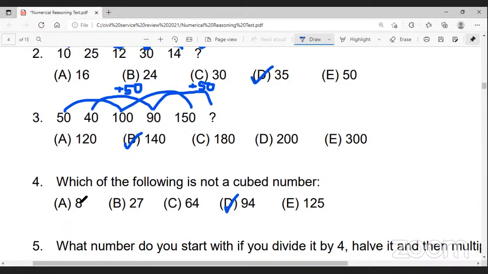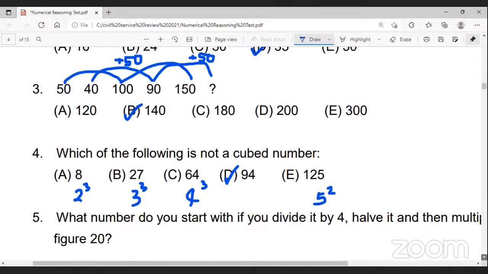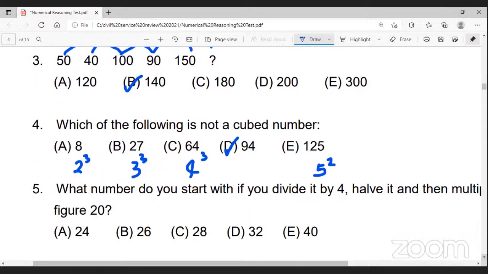It is from 2 cubed. 27 is from 3 cubed. 64 is from 4 cubed. How about 125? 5 cubed. And for 94, we could look for a number that is being cubed, and the result is 94. So there is no cubed number for 94.